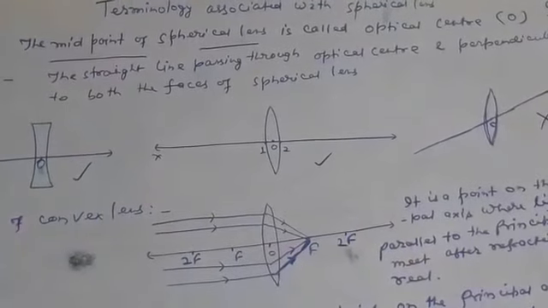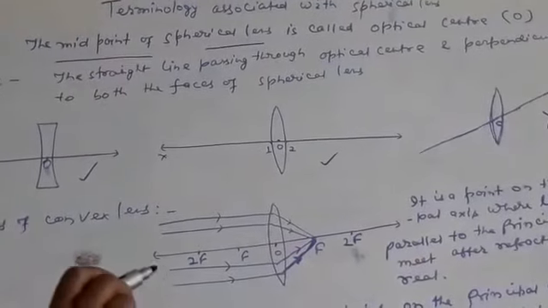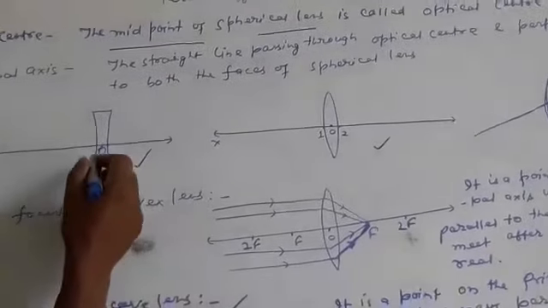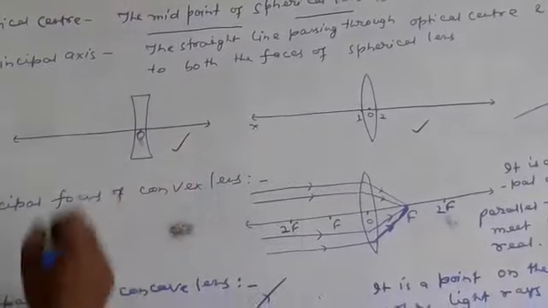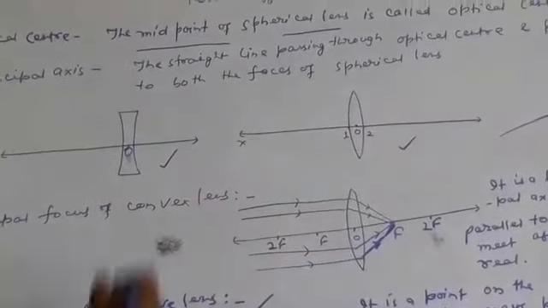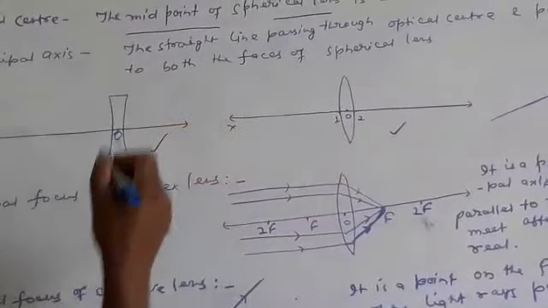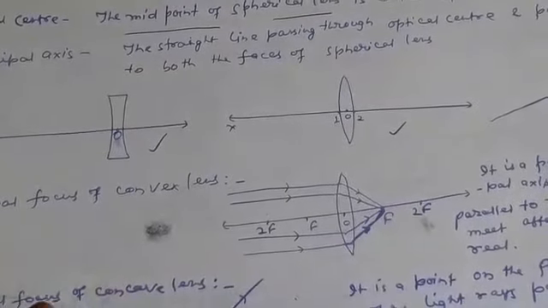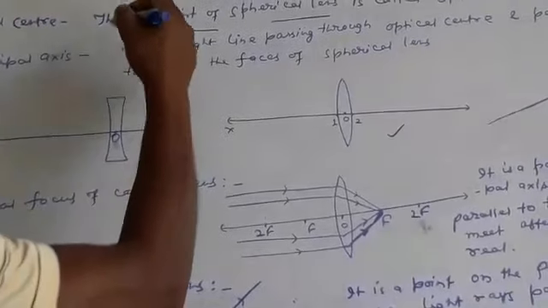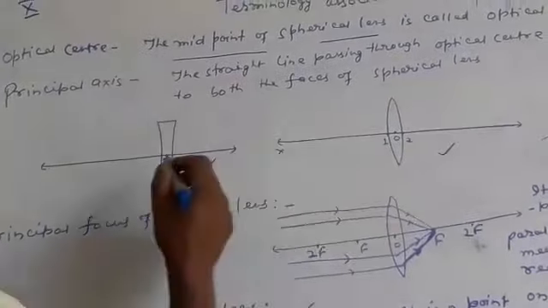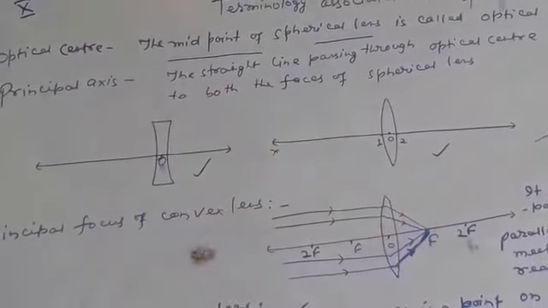It is denoted by O. Whether it is a concave lens or a convex lens, here is the midpoint O. This midpoint is known as the optical center. This is the common definition valid for both lenses, convex as well as concave.